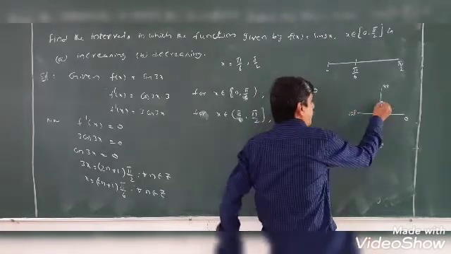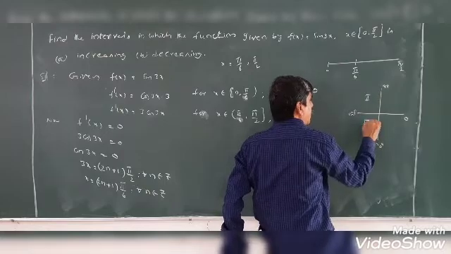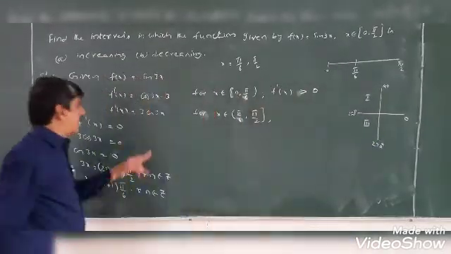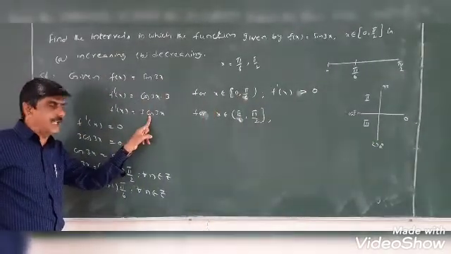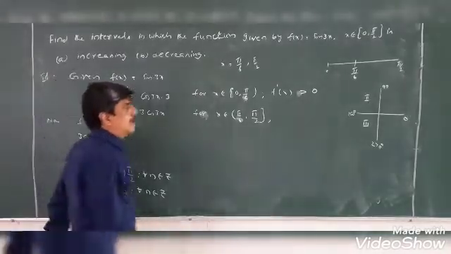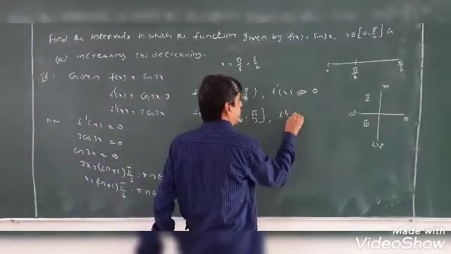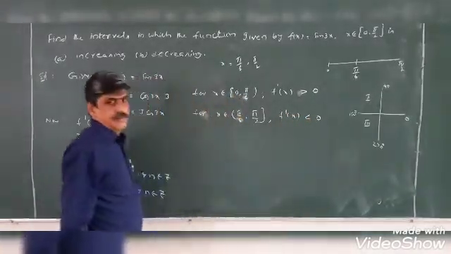So 90 to 270 means second quadrant and third quadrant. In the second and third quadrants, cos is negative. So f dash x is less than 0.